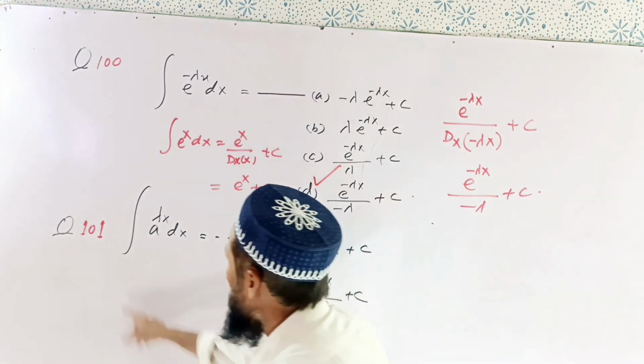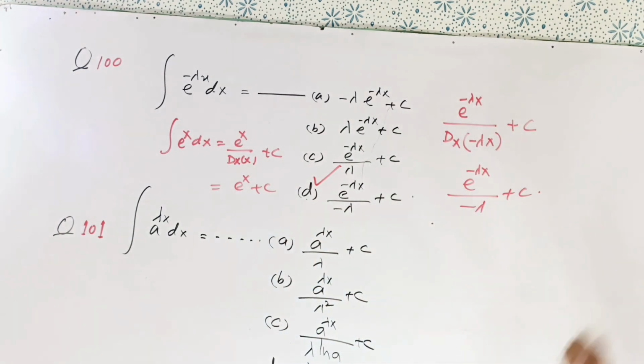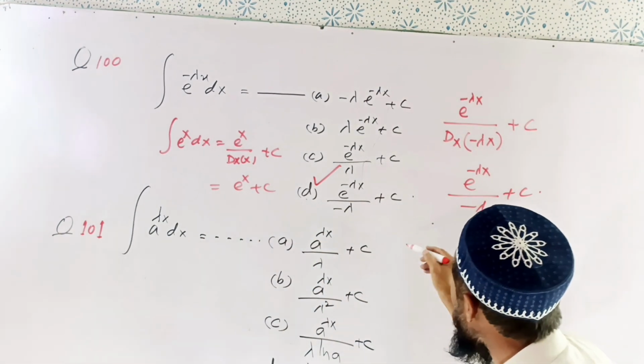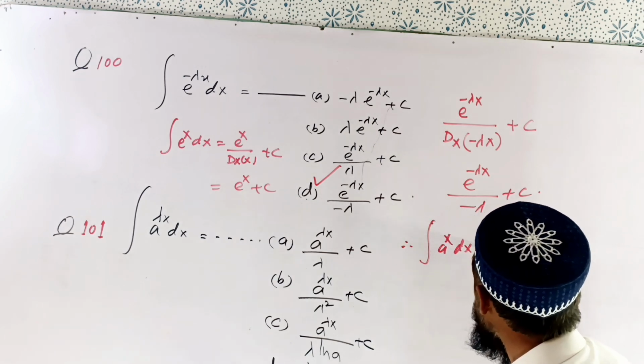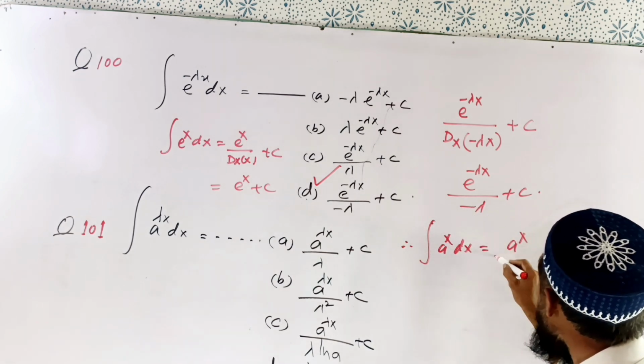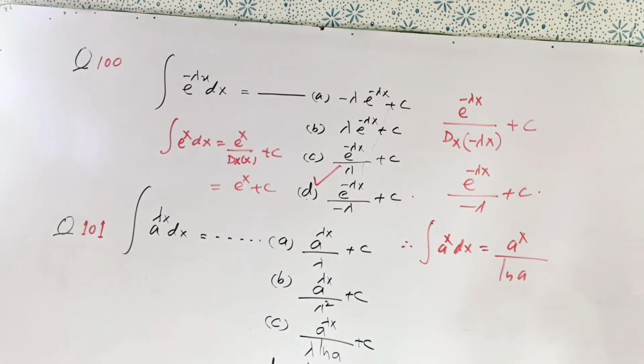Similarly, question number 101, integration of a power lambda x. So we use the formula again: integration of a power x dx is a power x divided by log of a, and further the derivative of x is equal to 1, plus c.